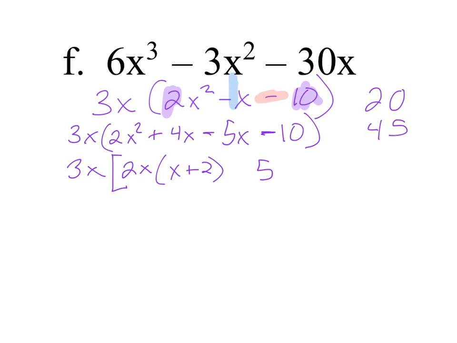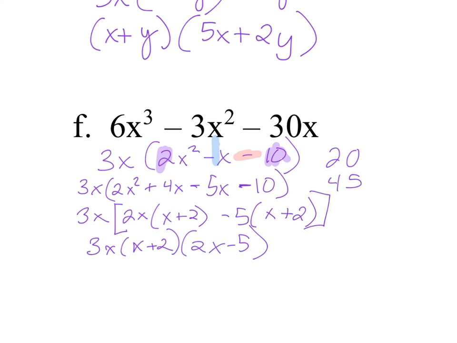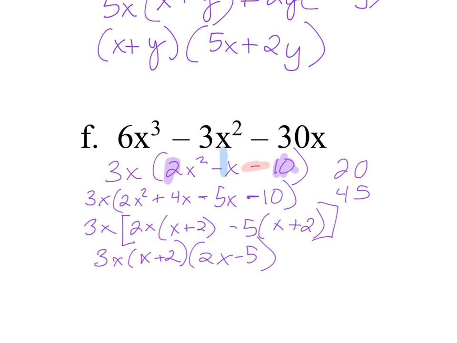All right, so I pull out a 2x, I'm left with x plus 2. I pull out a negative 5, I'm left with an x plus 2. There we go. All right. Now, I pull out the x plus 2. What was left behind was 2x minus 5. And there we go. That should be the same answer we got for F on the previous page. And we are done. I hope you enjoy your homework.